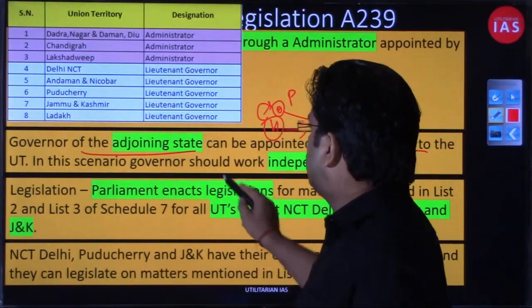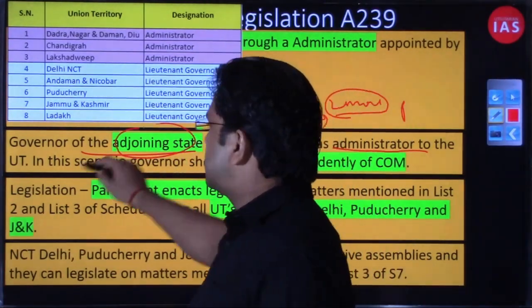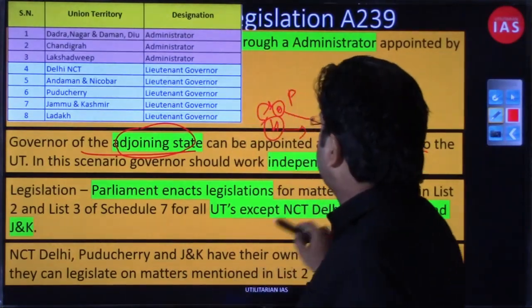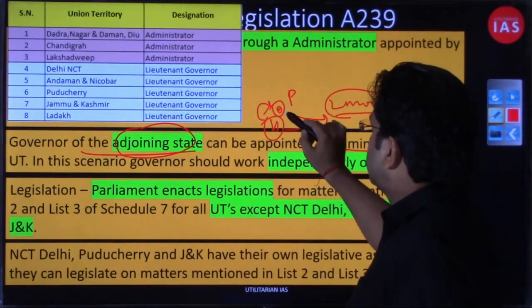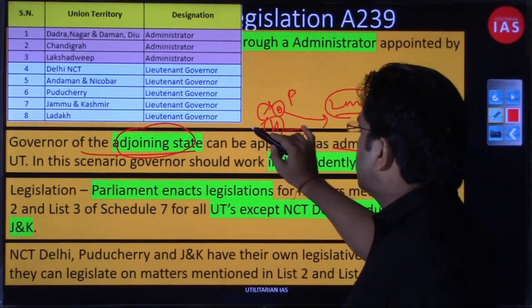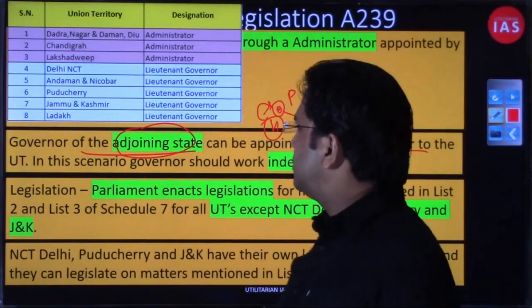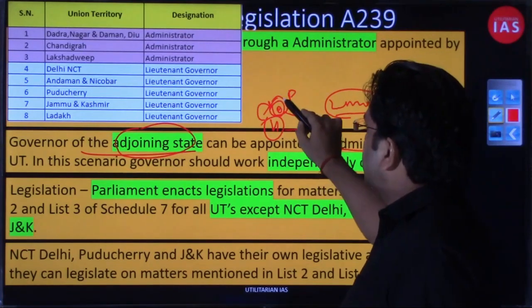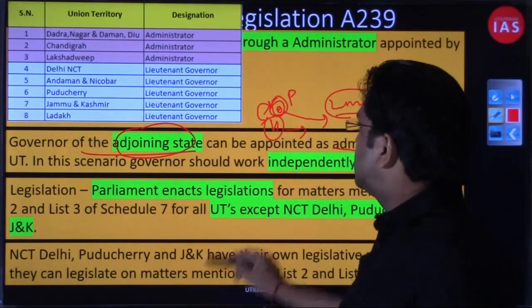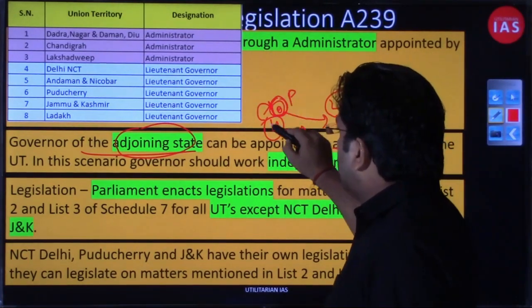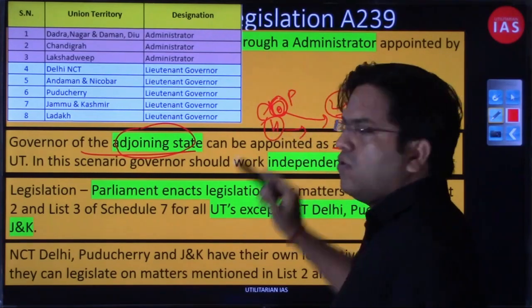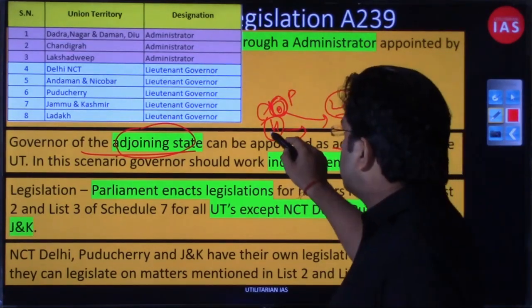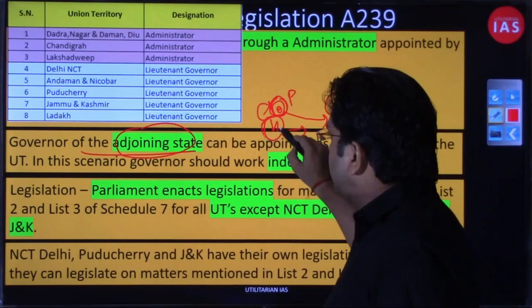Now let us take the example of Chandigarh. Suppose the Haryana governor has been appointed as the administrator of Chandigarh. In that case, while taking decisions for the Chandigarh region, this governor will not have to take the advice of the council of ministers of Haryana, right?